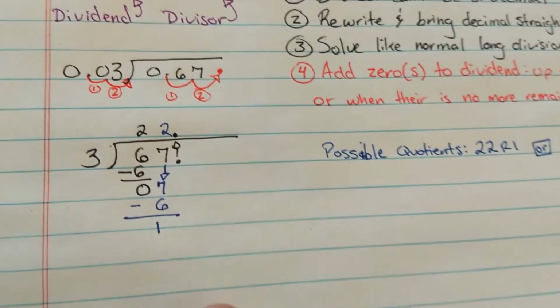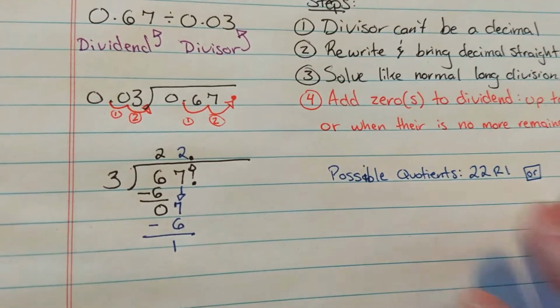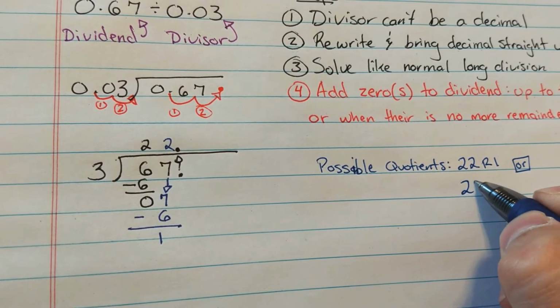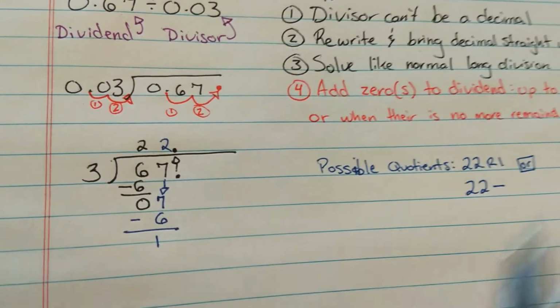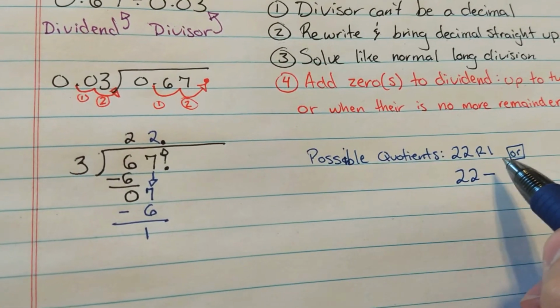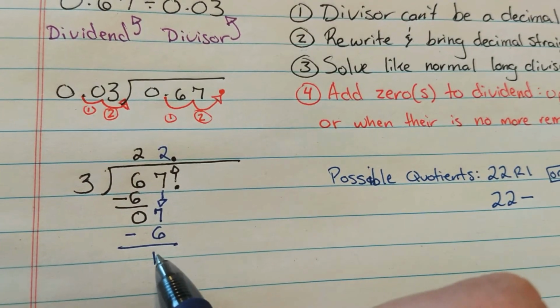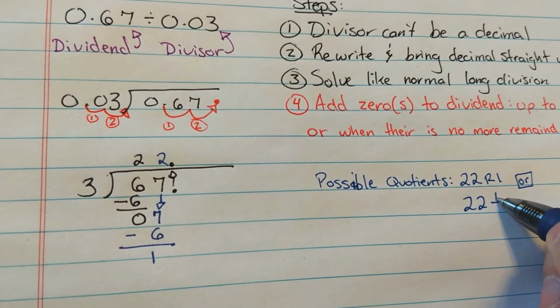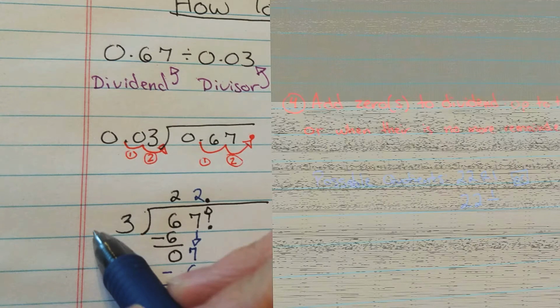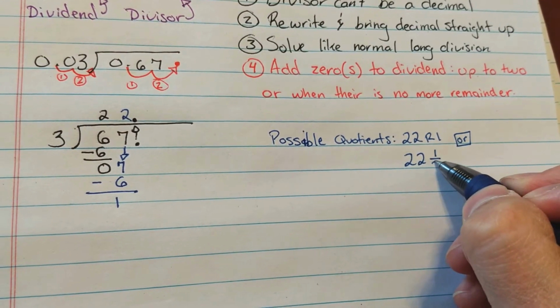Now if I wanted to get a fraction, it's very, very similar. I would still have 22 as my whole number. My fraction, my numerator comes from my remainder. I was left with 1 left over. Finally, I was dividing by 3, so that becomes my denominator.